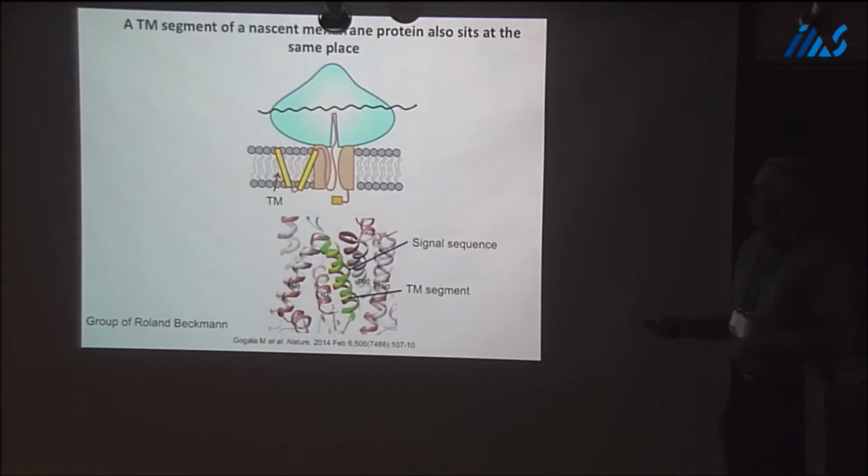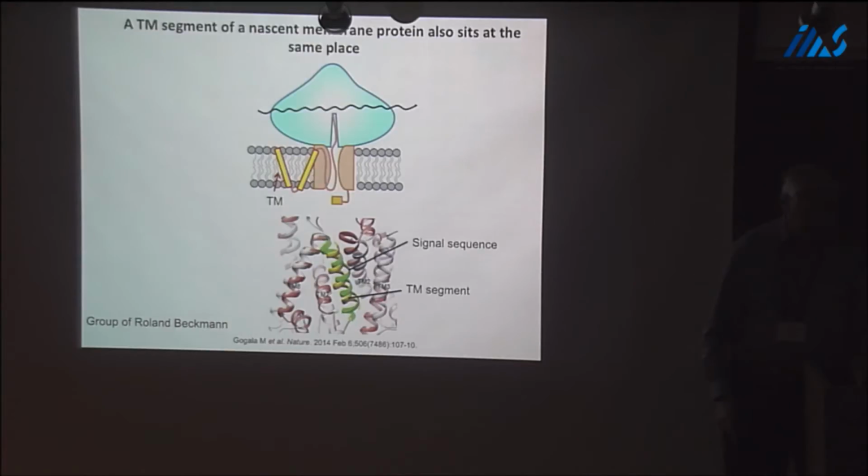And moreover, there's an earlier structure at much lower resolution by Roland Beckmann, where they looked at a nascent membrane protein, and they found that, again, the transmembrane segment of this nascent membrane protein was also at the same site.